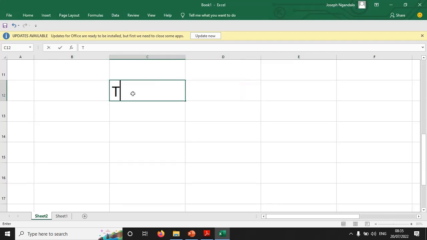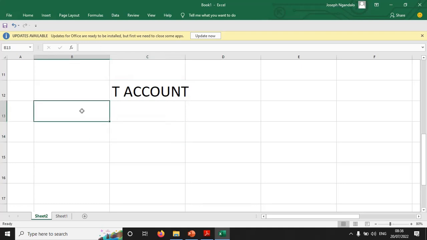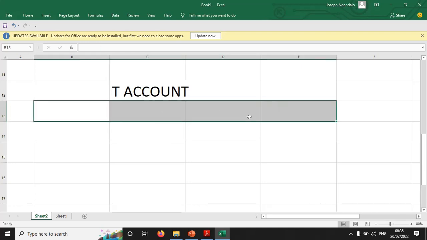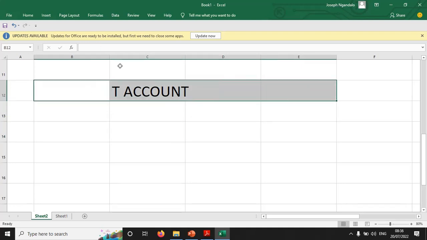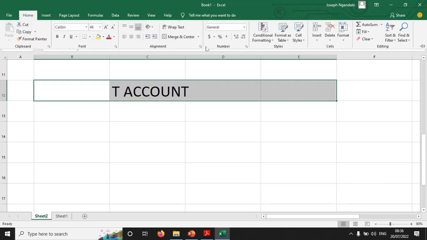We call it the T account, right? Why? Because the account we're about to write is in T shape. I'm going to just try to draw it here for us so that you can see for yourself. I'm going to merge center and try to underline.